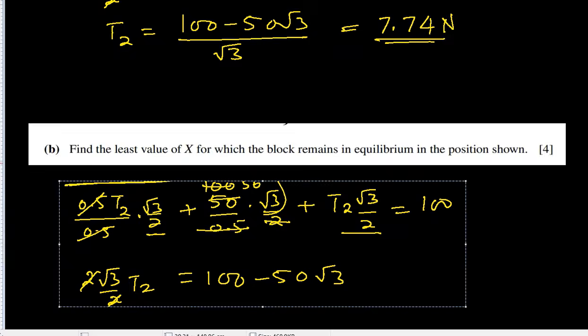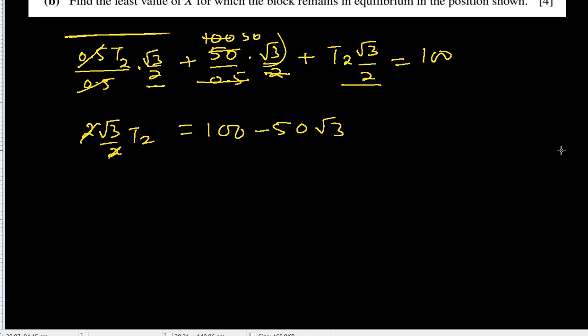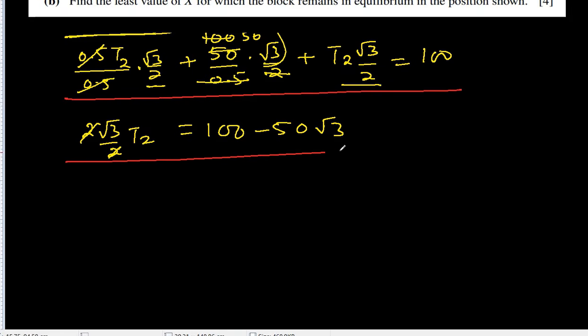So I have copied the same position. The equation will still remain the same, only change will be that the tension will become zero. So this was the equation I reached, and we simplified this to here. So it became square root 3 T2 equal to, and now 100 is not there anymore. In place of 100, there is x minus 50 square root 3.